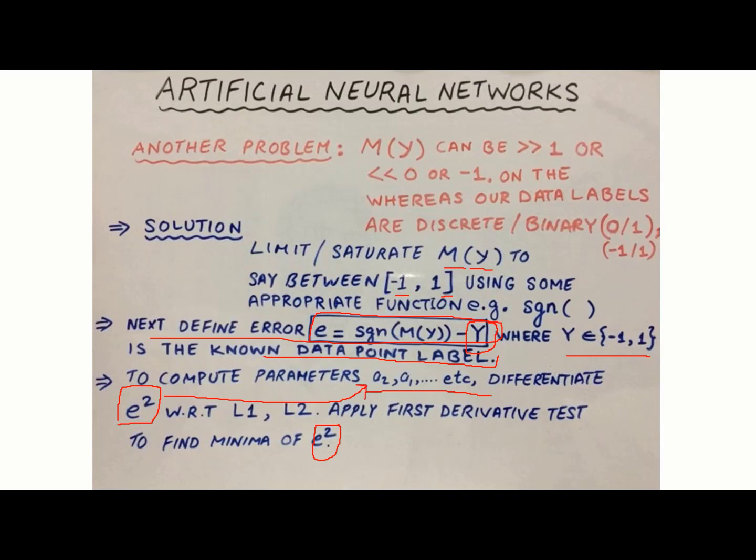And therefore, we're going to differentiate E square with respect to these coefficients one by one and try to find out the minimum possible values. So our job will be to find out the values of the coefficients which minimize the error. In particular, it minimizes the error square.